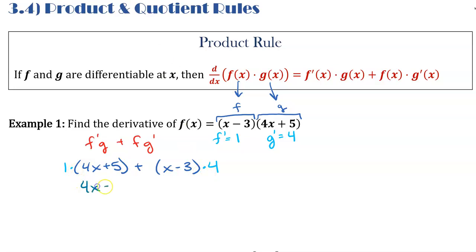So we have 4x plus 5 plus 4x minus 12, and that would give us 8x minus 7. And then this would be our derivative of the whole thing.